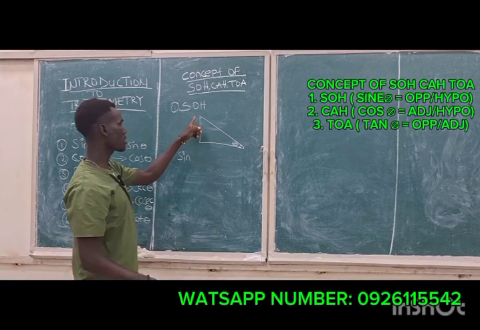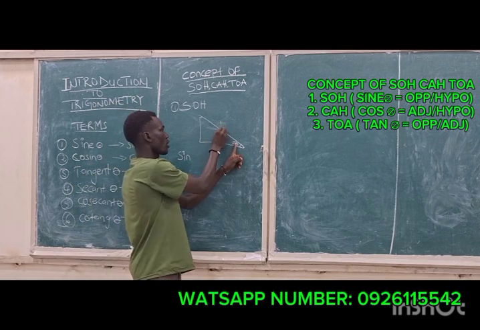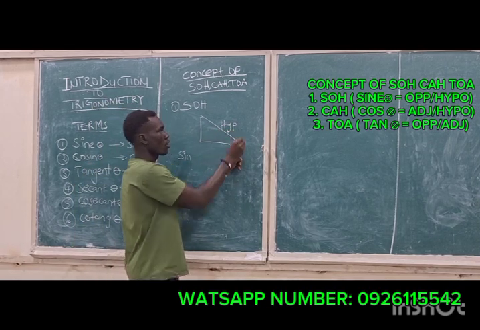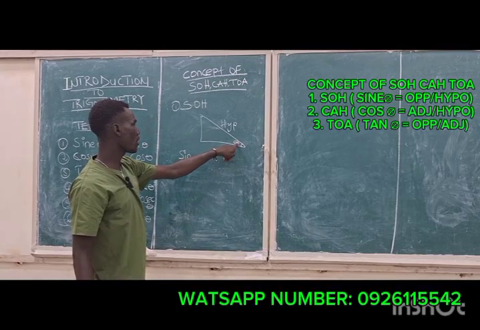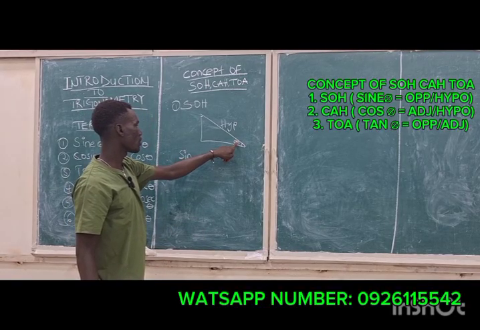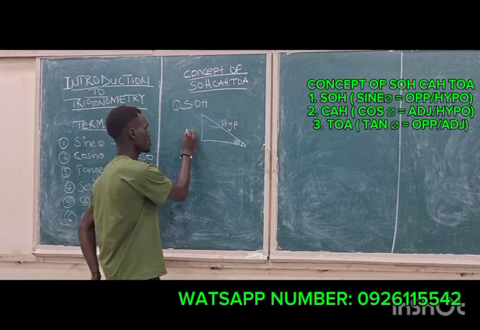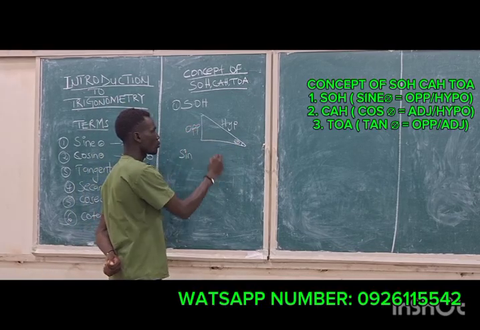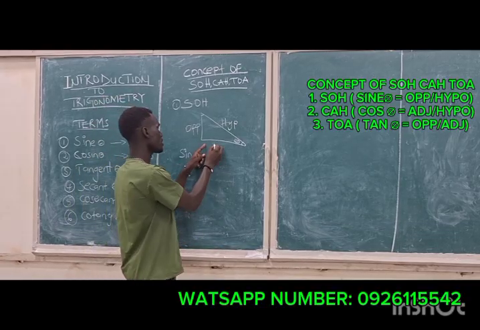And the longest side in this angle is always the hypotenuse. Then the side opposite the angle is always the opposite itself. We put it in short as opp. Then here remains as adjacent.